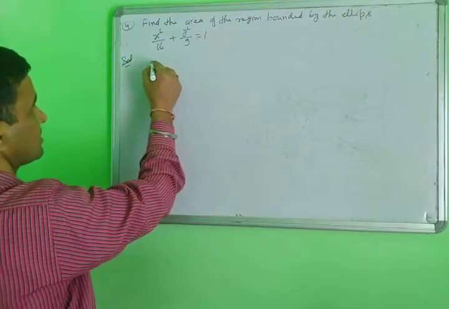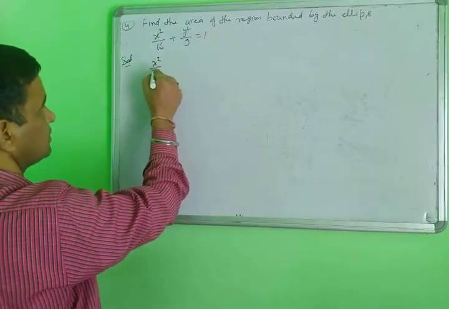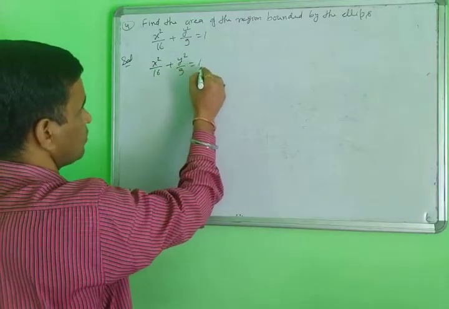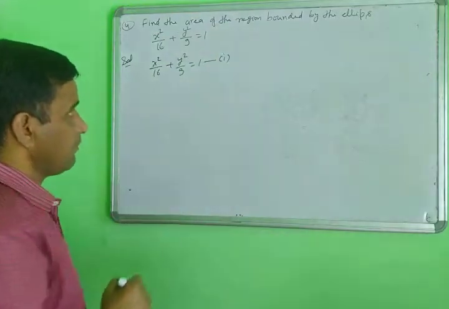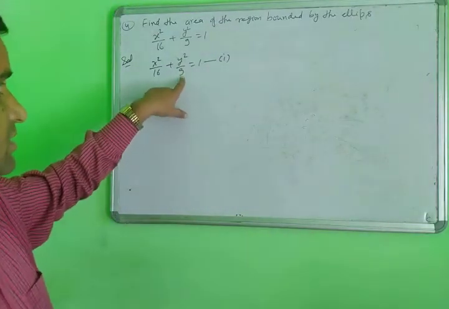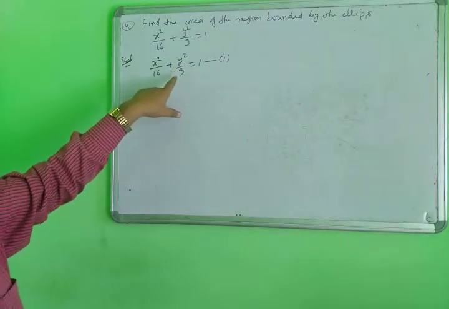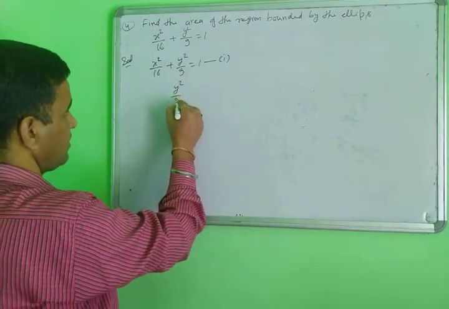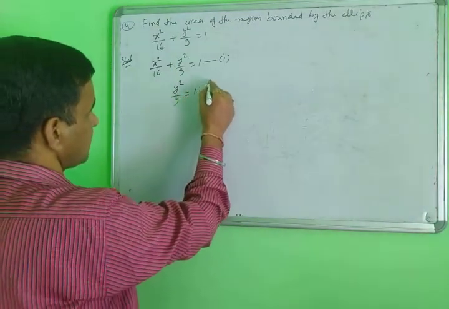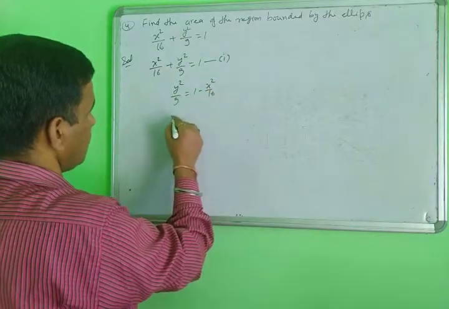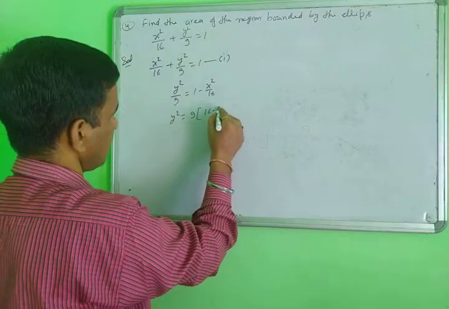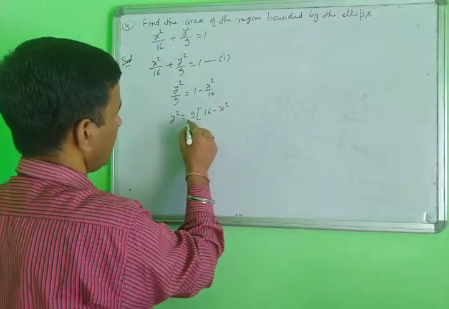Here, given x square upon 16 plus y square upon 9 equal to 1. This is the equation first, and the diagram has both x and y. Then you convert it to the form y square upon 9 equal to 1 minus x square upon 16, and y square equal to 9 common, 16 minus x square upon 16.